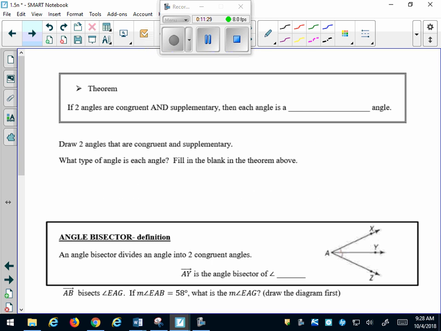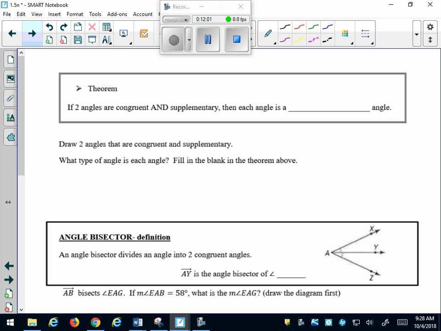Okay, here is another theorem. This one doesn't have a nice catchy name. It's just a theorem without a name. And it says if two angles are congruent and supplementary, then each angle is a blank angle. I think we may have had this as a rack problem the other day, right? If two angles are congruent and supplementary to each other, then what must each angle be?